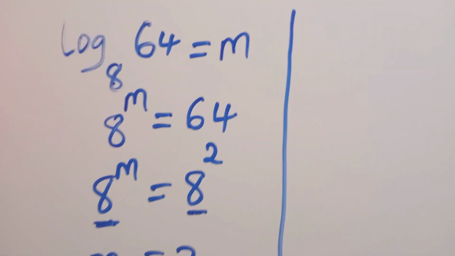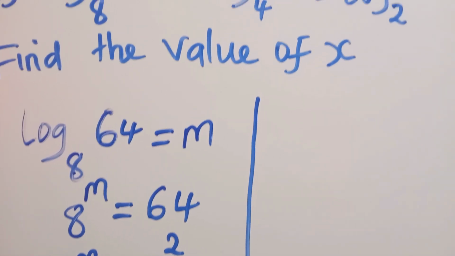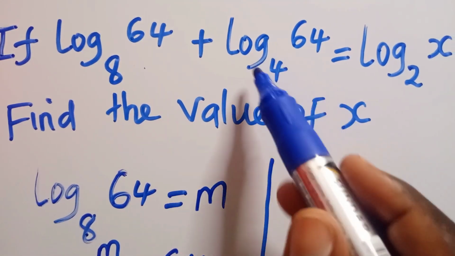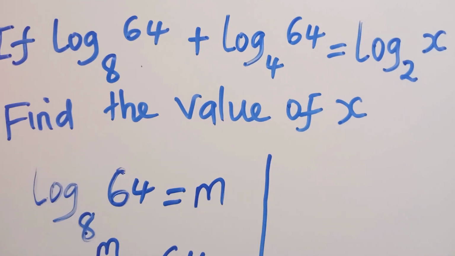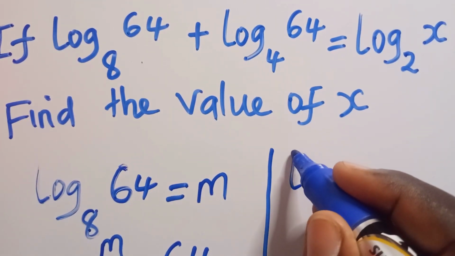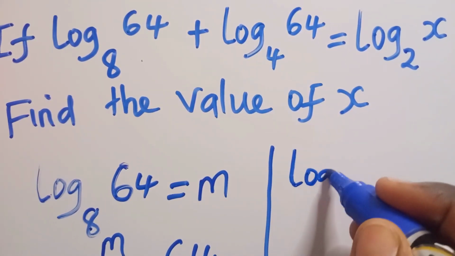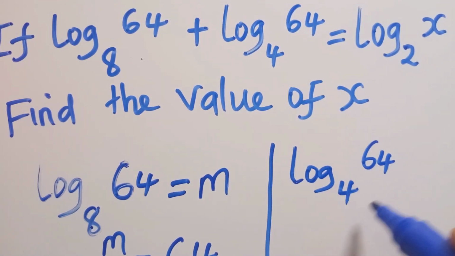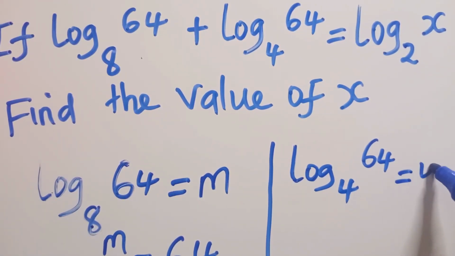Now, let us also solve the other one separately. We have the logarithm of 64 base 4. Let us say this one is y.